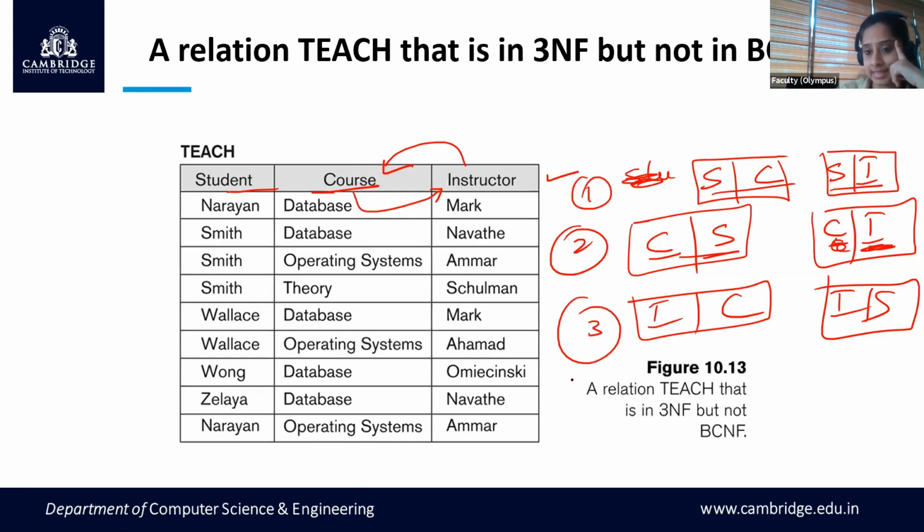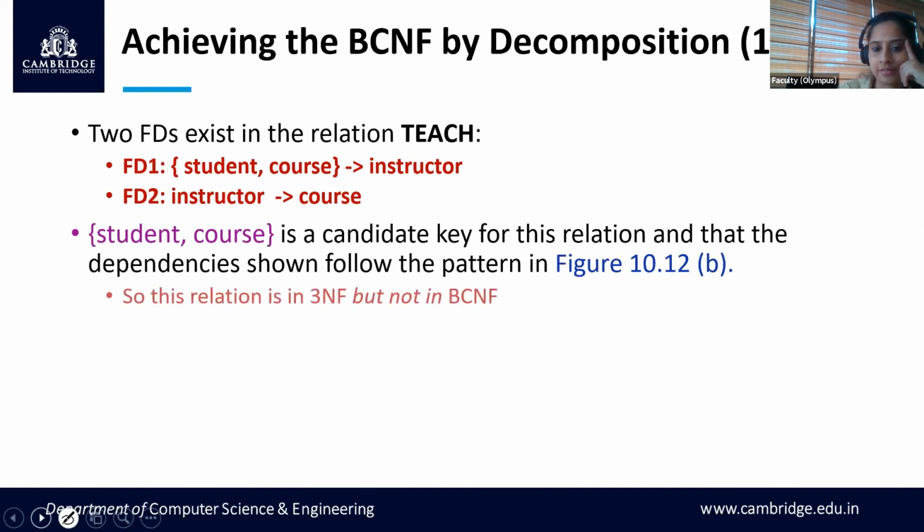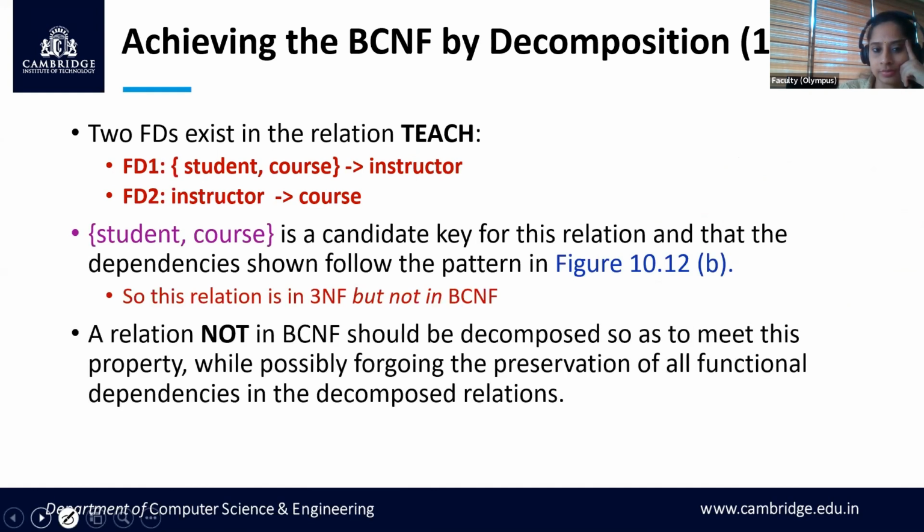Out of these decompositions, I should know which decomposition is better. To check that, I have a rule. A relation not in BCNF should be decomposed so as to meet this property, while possibly foregoing preservation. Most of the time we will face such a problem in the scenario of BCNF only.